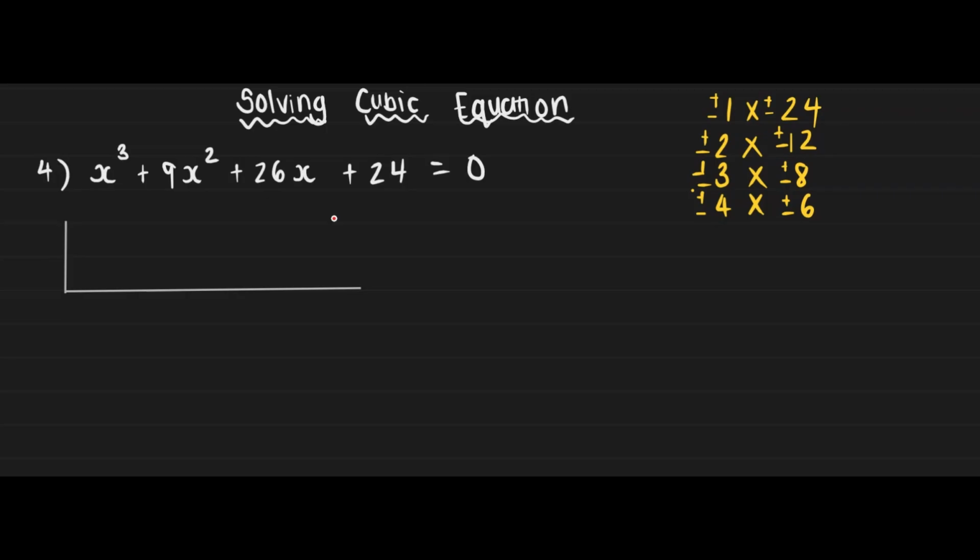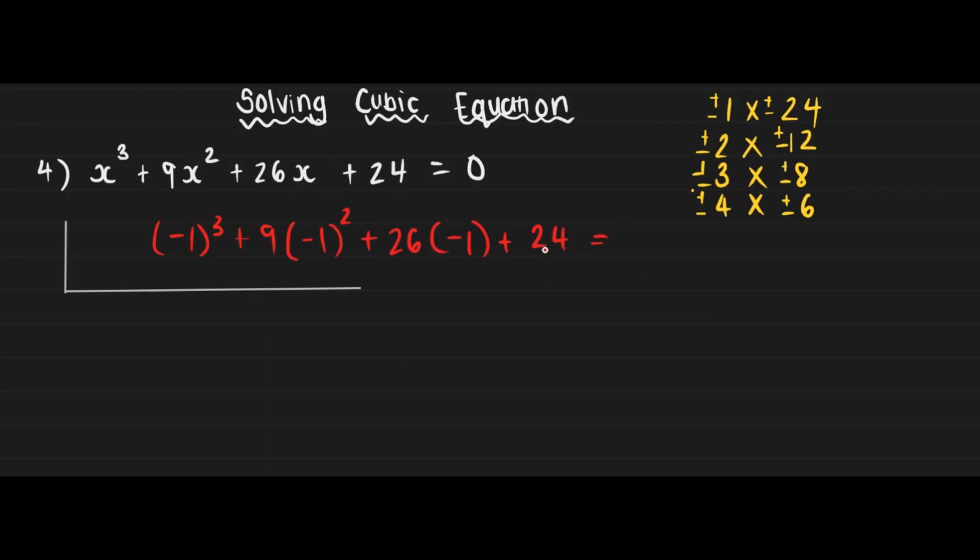So I'm going to do it in red. It's going to be open bracket -1, close bracket, cubed, plus 9 open bracket -1 squared, plus 26 open bracket -1, plus 24 is equals to.